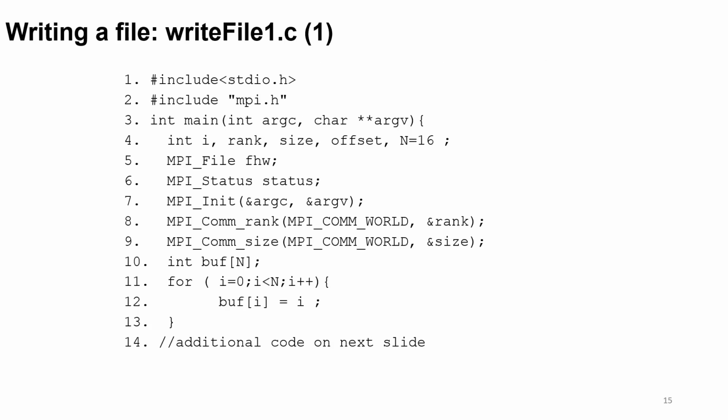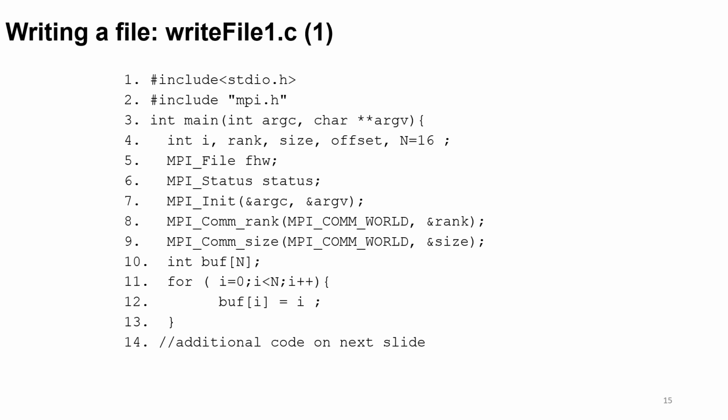Now let us review some sample code for writing data to a file using MPI I/O calls. In this example, let's go line by line. The first two lines are for including the stdio.h file for the I/O and then mpi.h for the MPI functionality. We have a call to int main, and then we have the declaration of the file handle named fhw on line number 5.